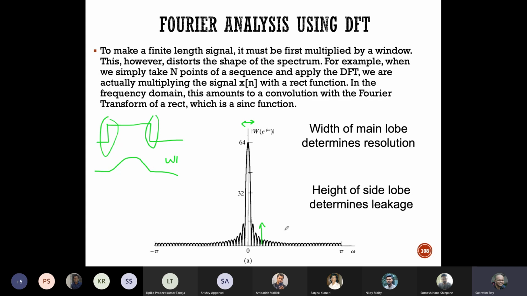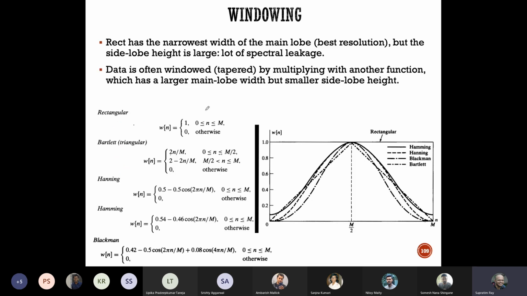Okay, and it turns out there are a host of different functions that you can use as a window. If you first think about it, it looks very, very strange. I will show you the example that we were continuing. Why on earth do you want to multiply my signal with, let's say, a Hanning window, which looks like this?